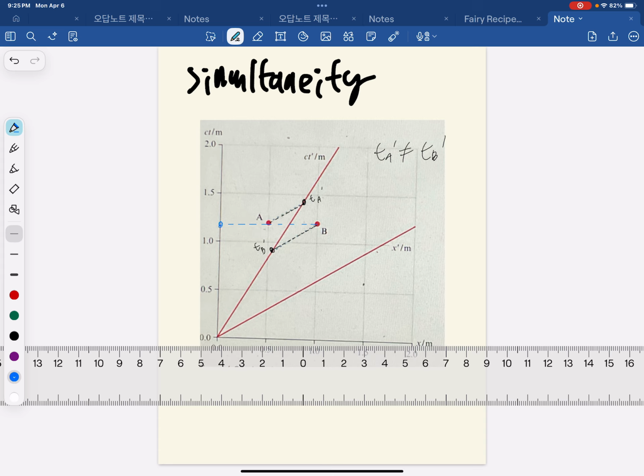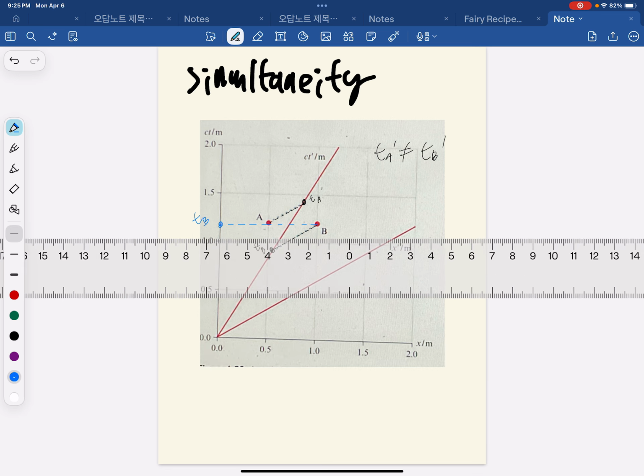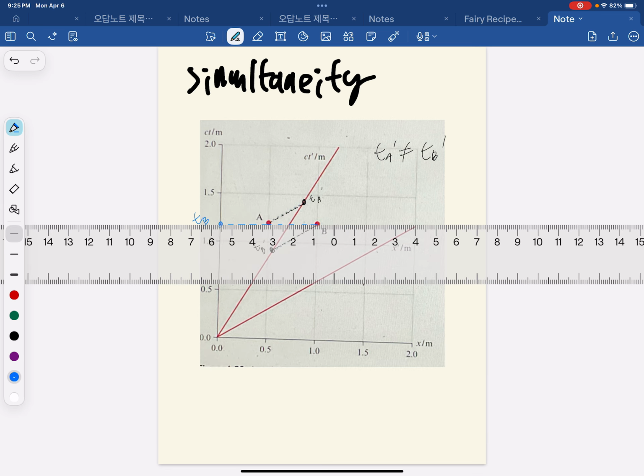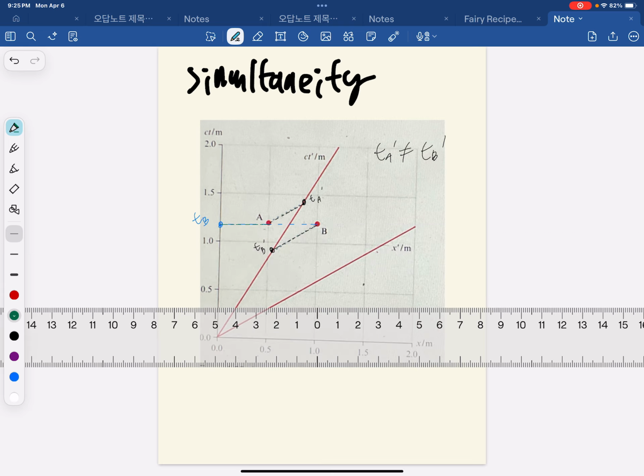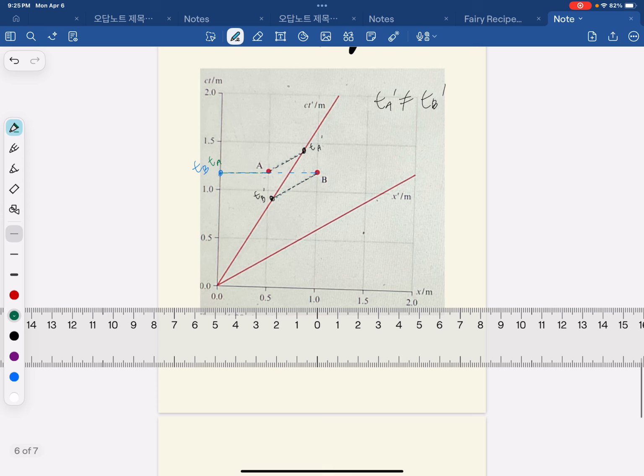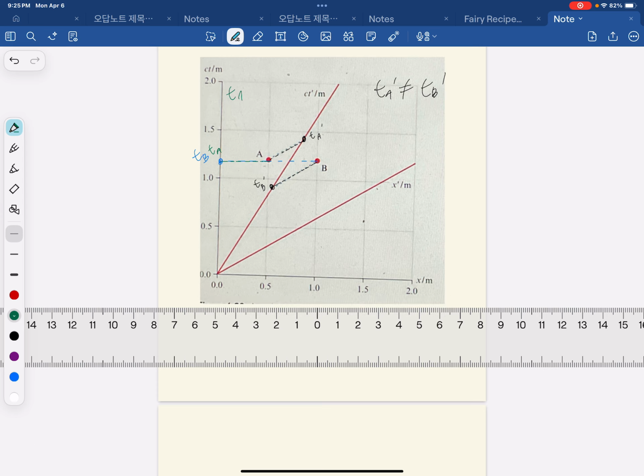Let's call this TB, not TB primed, because again, it's the stationary frame's perspective. What about A? You do the same thing for A. I'll use a different pen just for clarity. You draw a line from A to the CT axis, a nice horizontal line, and again, you get TA. Now from our lines, we can tell that TA equals TB.